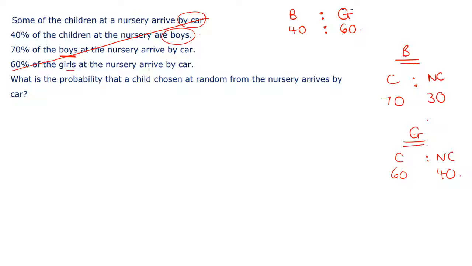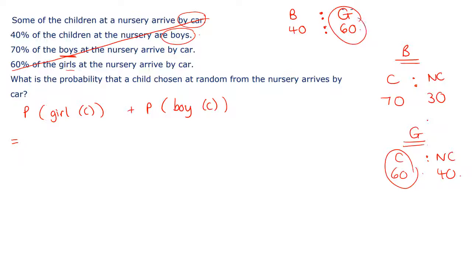What is the probability that a child chosen at random from the nursery arrives by car? So all I want to look at is basically the probability that I've got a girl that comes by car and the probability that I've got a boy that comes by car. And those are quite easy to work out. So we'll start with this one. A girl that comes by car is obviously going to be 60% of 60%.